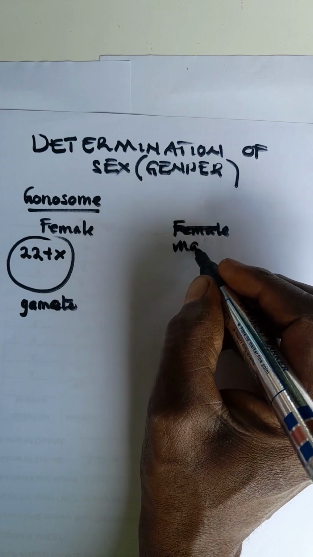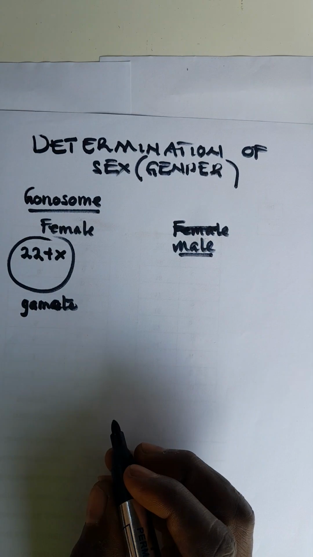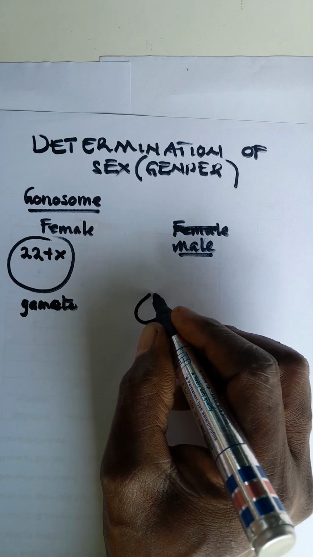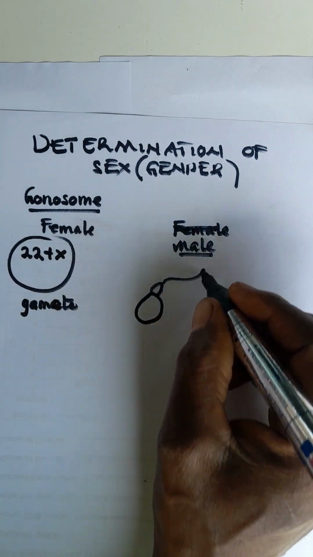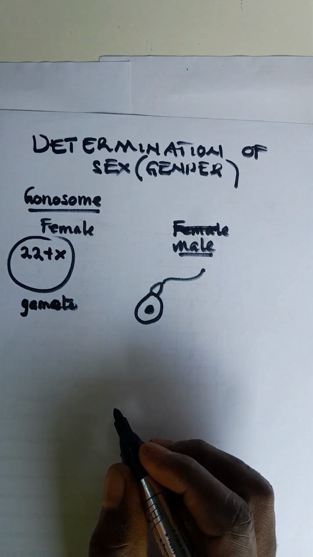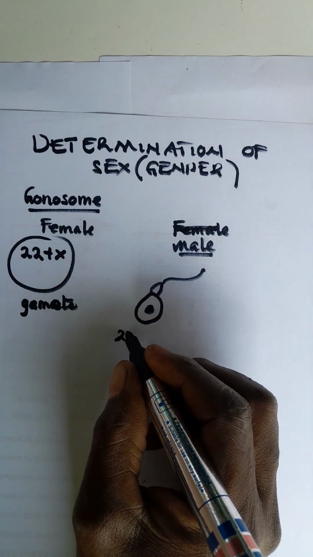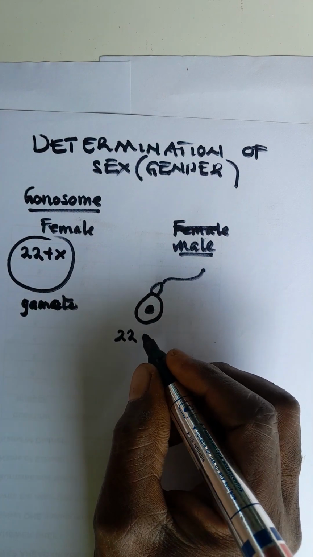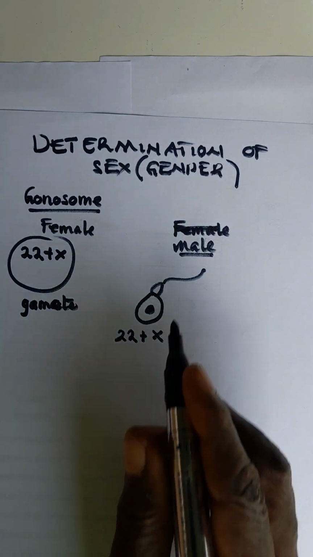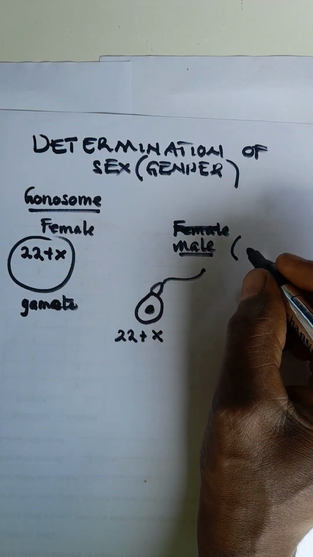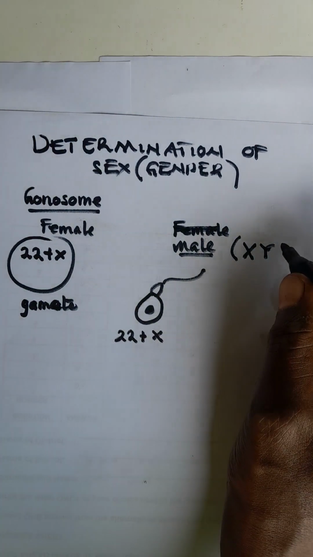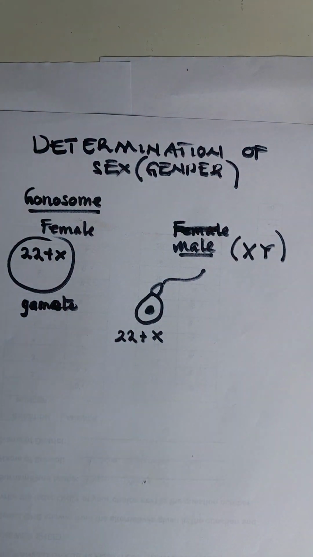When we talk about males, they have two types of sperm cells. Here is the sperm cell, right? The sperm cell here in the nucleus may have 22 autosomes plus the X chromosome, because remember, the father has the X and the Y in his gonosome.